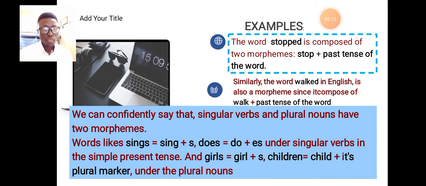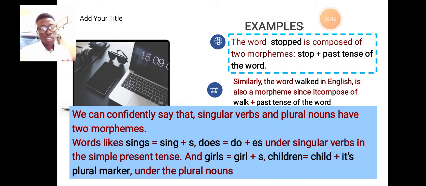We know that girl is a female child or adult, but girls gives a different meaning. That is the plural form of girl: many young females. So the number of females we are having, that is the girls. Because of the s, it has given us a different meaning.